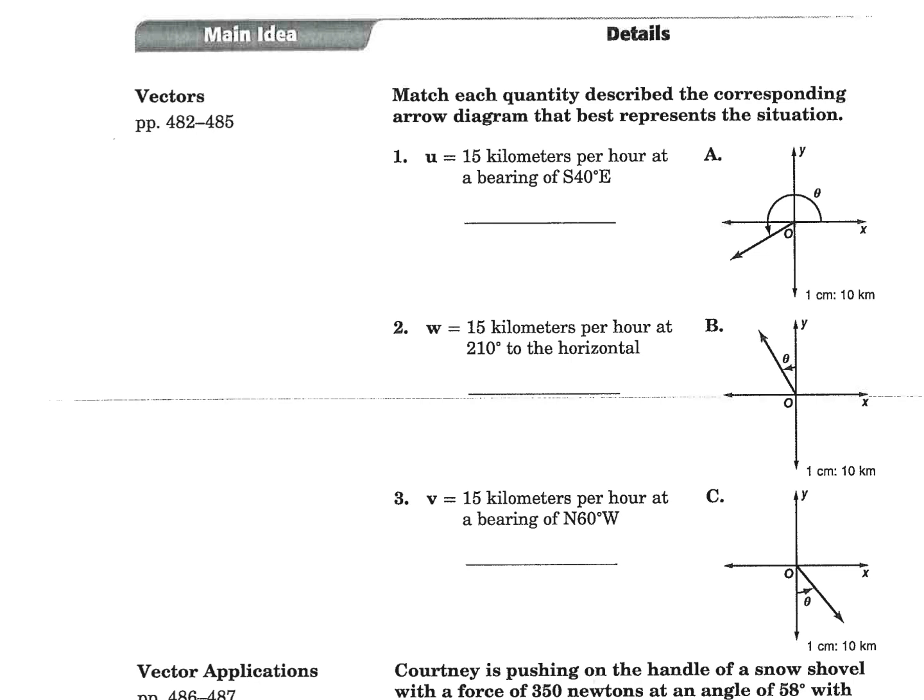We can do what we call standard from the horizontal. In other words, this is what I call standard. We measure counterclockwise from the positive x-axis. Okay? Counterclockwise from the positive x-axis.